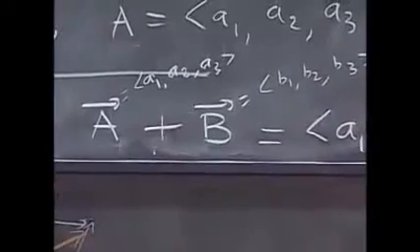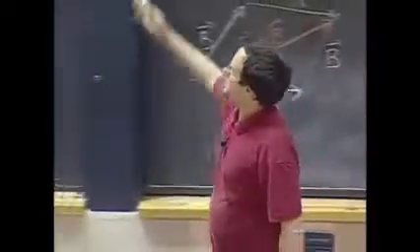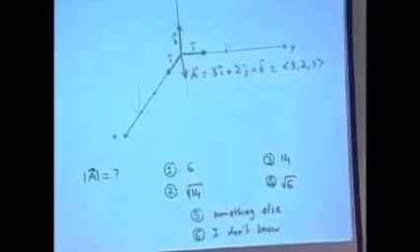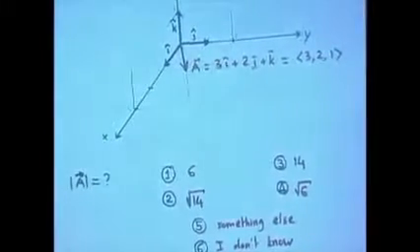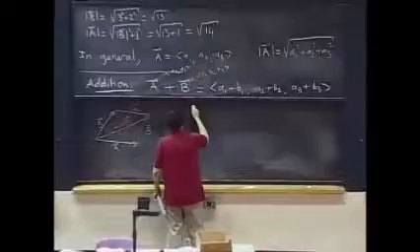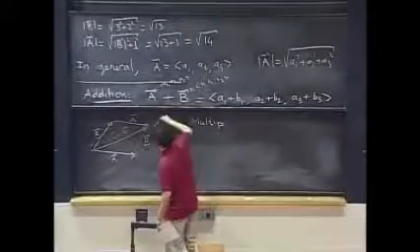Okay, so it's pretty straightforward. So, for example, I said that my vector over there has components 3, 2, 1, but I also wrote it as 3 times i plus 2 times j plus k. What does that mean? Oh, so I need to tell you first about multiplying by a scalar. Maybe I should say this is about addition.